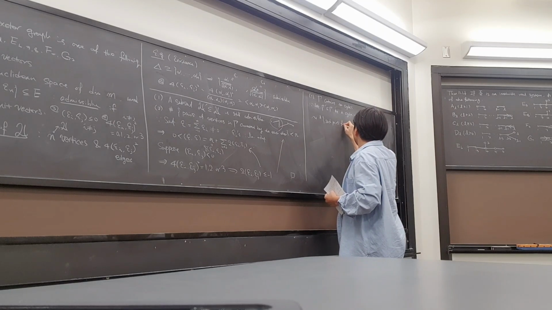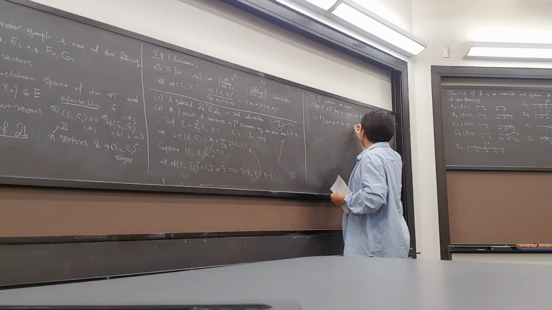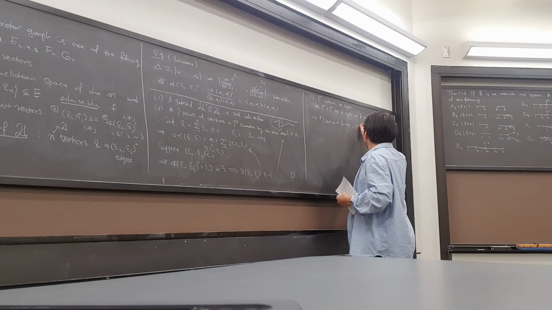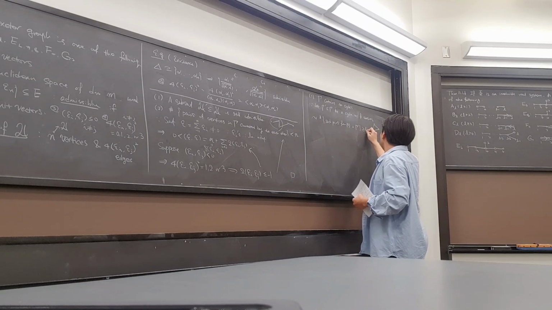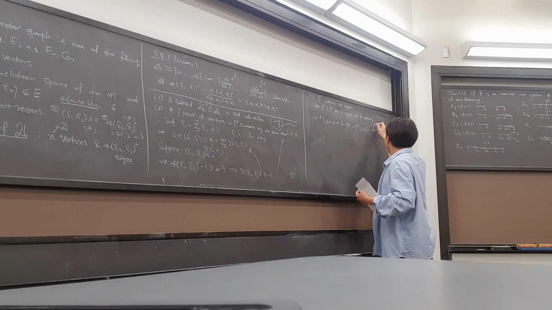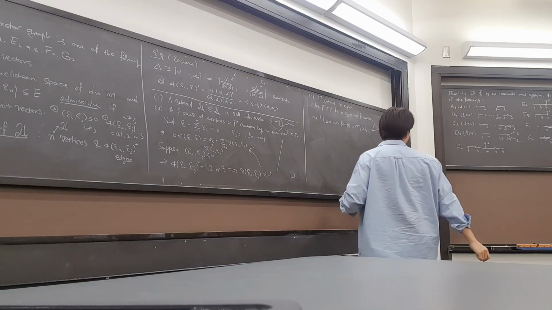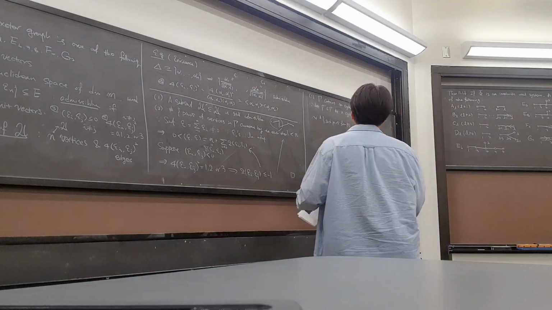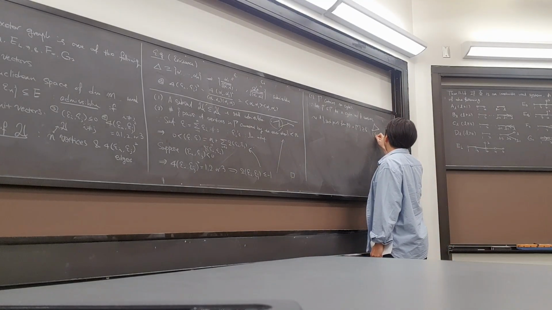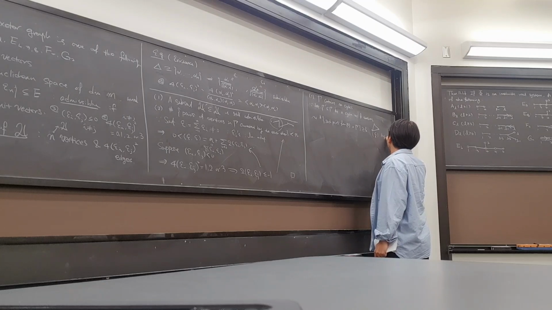From 2, gamma prime is greater than or equal to k, right? This is because, for example, if there are 3 vertices and there are more than 3 edges, this is a contradiction by 2.